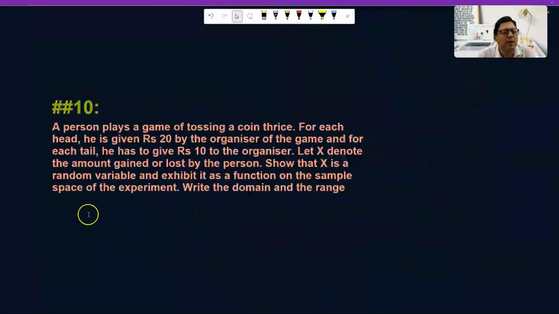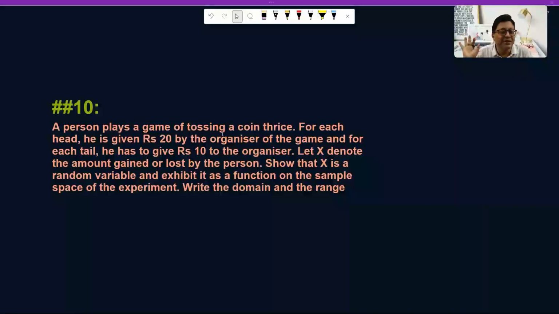Okay? A person plays a game of tossing a coin thrice. For each head, he is given rupees 20 by the organizer of the game. For each tail, he has to give rupees 10 to the organizer. So something like betting. This is not betting, I don't want to take the name of that event.